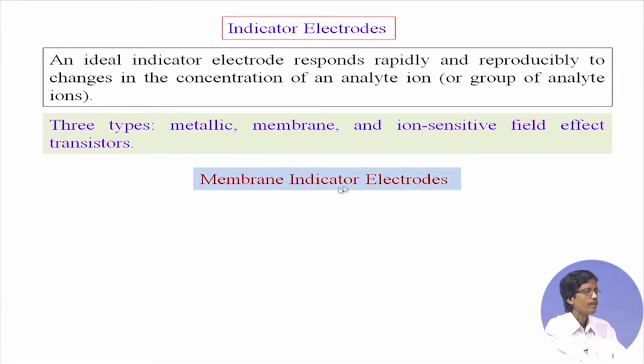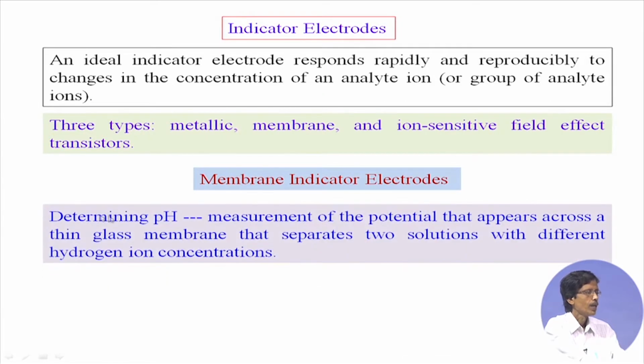Then we can have the membrane indicator electrodes, like your glass electrode, which is utilized for your proton concentration determination. If we have this membrane attached to that indicator electrode for determining your pH, we get the potential that appears across the thin glass membrane.